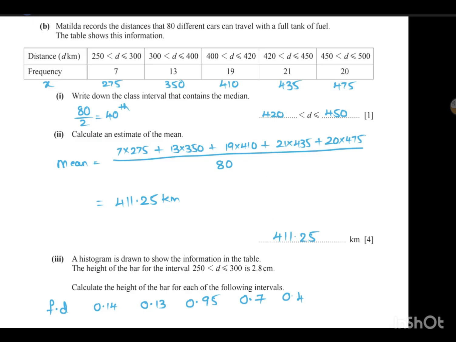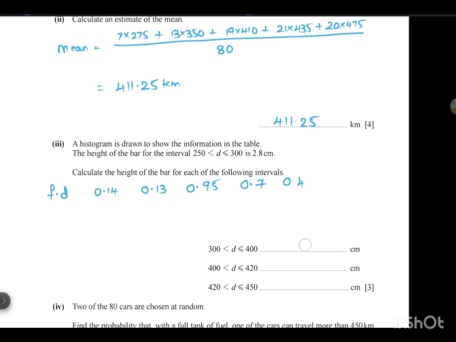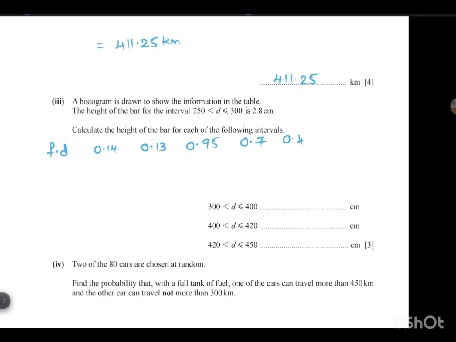Now we'll find out what will be the height of the bars here, because for the first class interval, the height of the bar is given to us. So that means 0.14 is shown on the histogram as 2.8 centimeters. So let me find out the number which is multiplied to 0.14, suppose any x, to get 2.8.